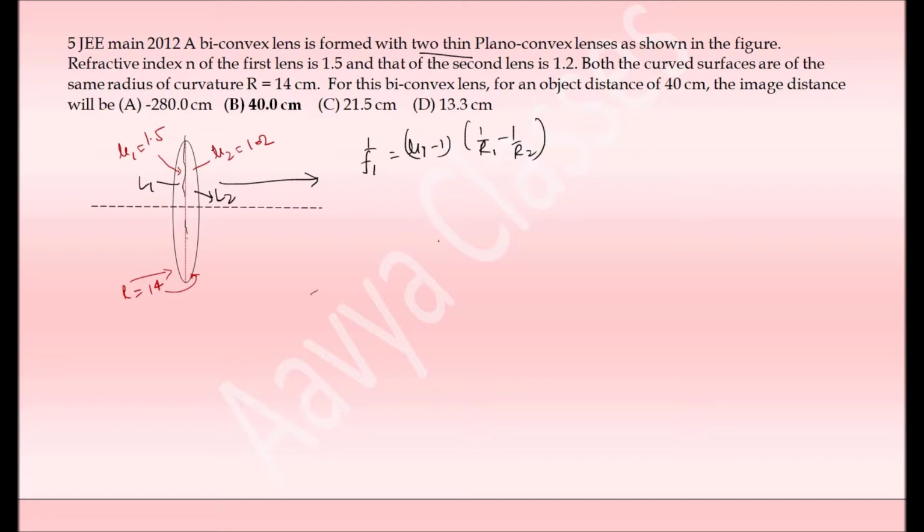So mu1 is the refractive index of lens L1, R1 is the radius of curvature of this lens, and R2 is infinity.